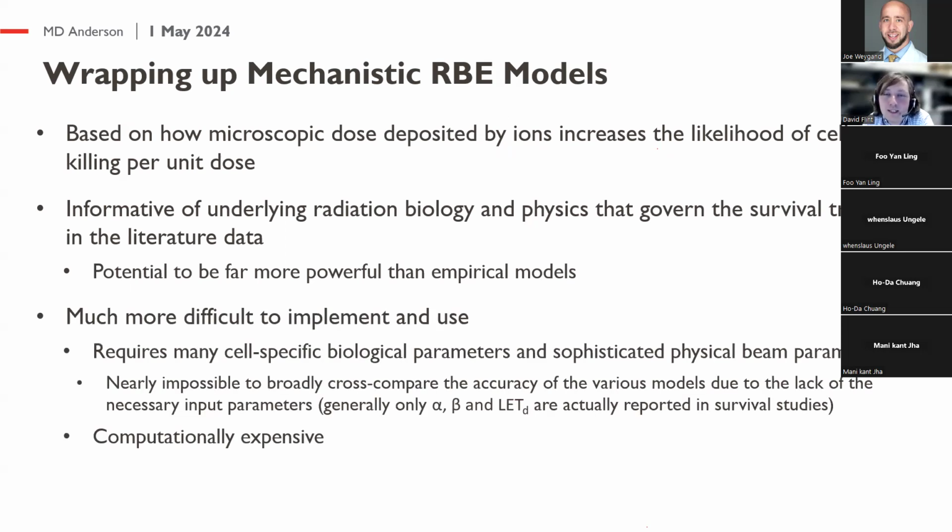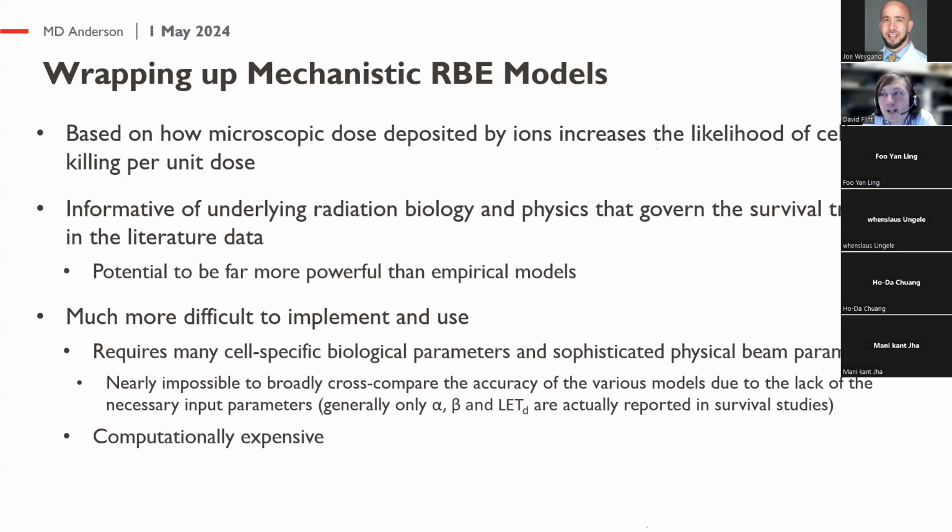The big drawback to these mechanistic models is ease of use and implementation. It's very challenging to get the input parameters. And as time goes on, these models have become increasingly more complex because we are understanding the radiation biology more and more, and that motivates us to include additional parameters in these models to try to account for that radiation biology.